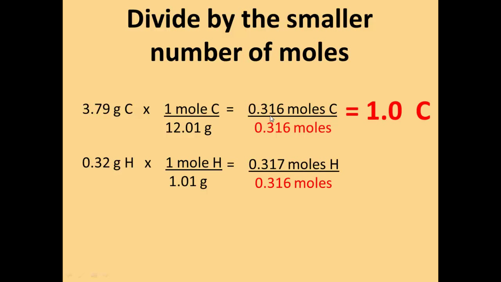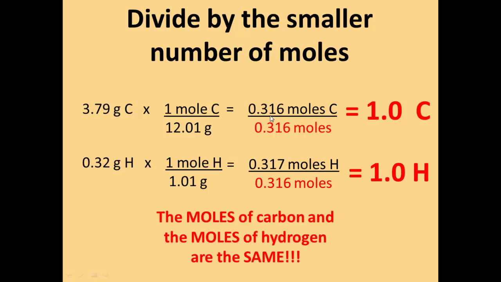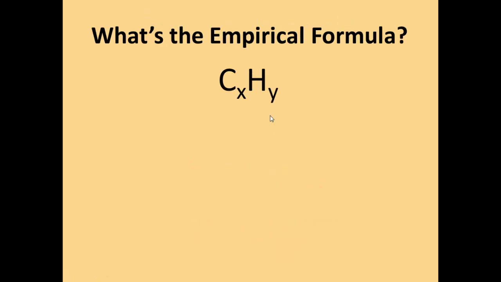When we do that, we get one carbon atom to every one hydrogen atom. In other words, our moles of carbon and our moles of hydrogen are the same. This is important because that ratio of atoms is what we're looking for. Those are going to be the subscripts in our formula.